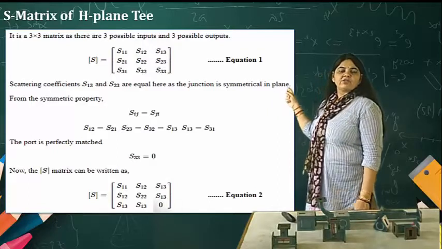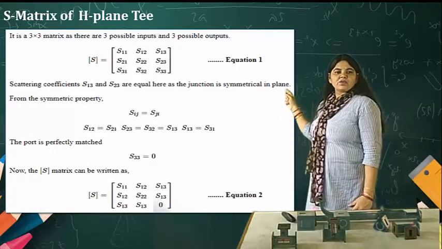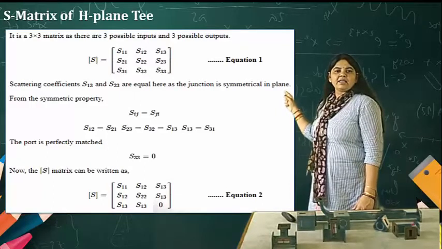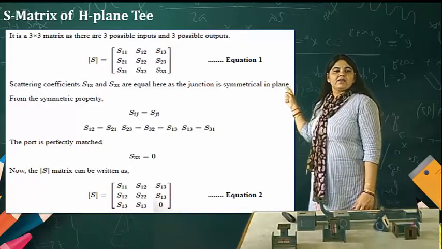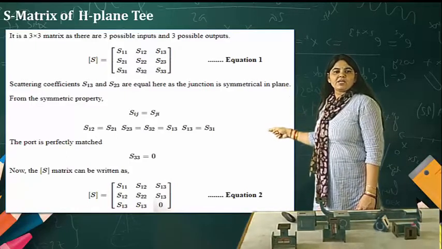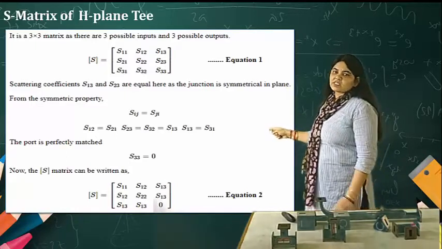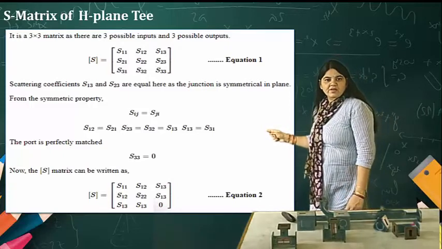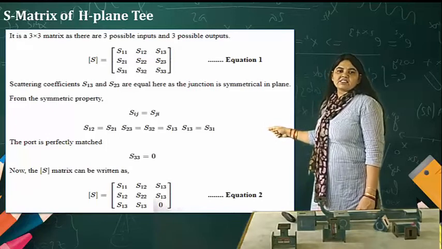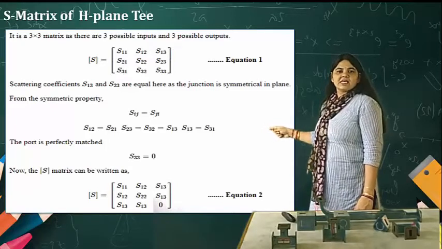Here the scattering coefficients S13 and S23 are equal, and as the junction is symmetrical in phase, from this property we may write S12 is equal to S21, S23 is equal to S32 and S13 is equal to S31.